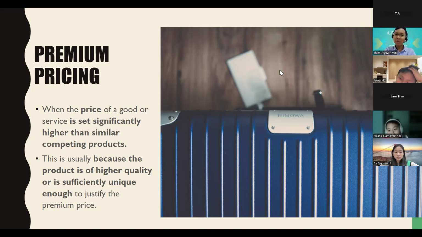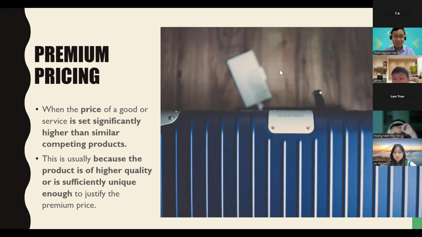Wait. Premium price is not about telling everyone that your product is of high quality. It tells people that maybe your product has higher quality compared to other things, or maybe it's very unique.